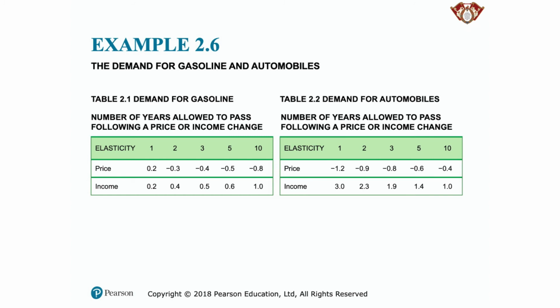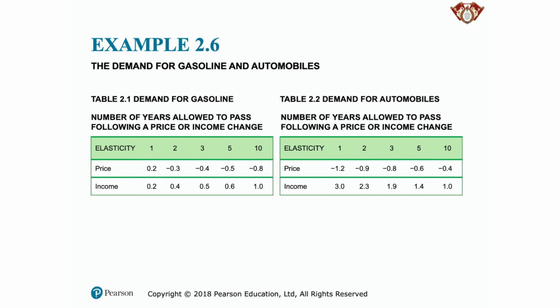Example 2.6, the demand for gasoline and automobiles. We already studied this kind of thing. For example, demand for gasoline, a non-durable good, is the usual case. Elasticity after 1 year, 2 years, 3 years, 5 years, 10 years, right? Now think about price elasticity of demand: 1 year, minus 0.2, 2 years, minus 1.3, after 3 years, minus 0.4.